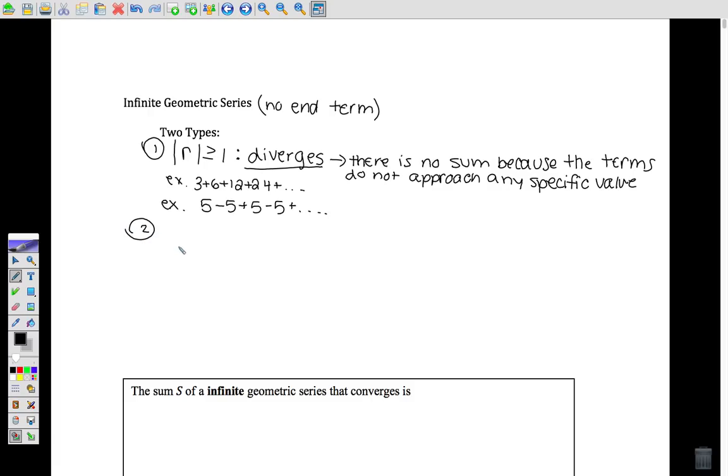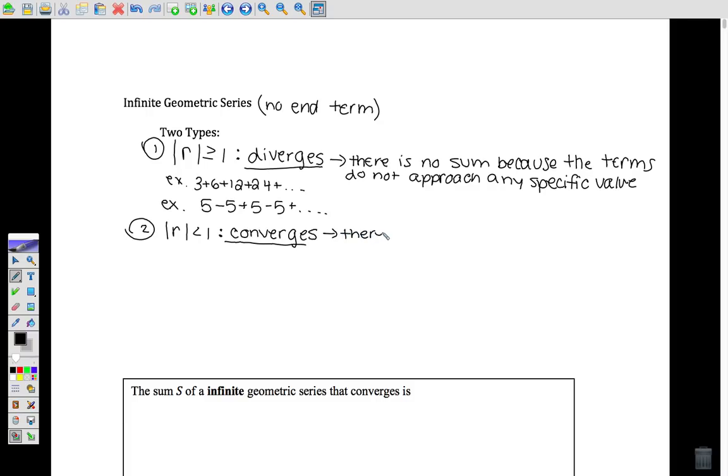So the second type is when that absolute value of the common ratio is less than 1. So 1/2, 2/3, -5/8. All of those make the numbers get very small or get very close to 0. So we say that this type of sequence or series converges. It converges because the sum approaches a value as n gets very big.